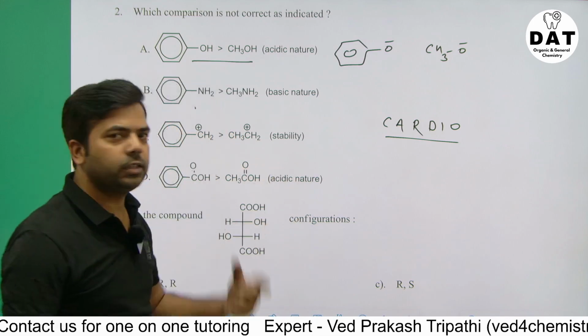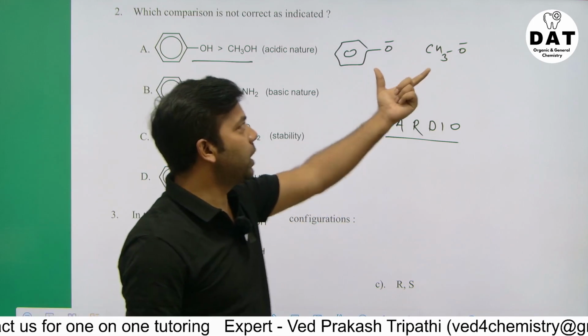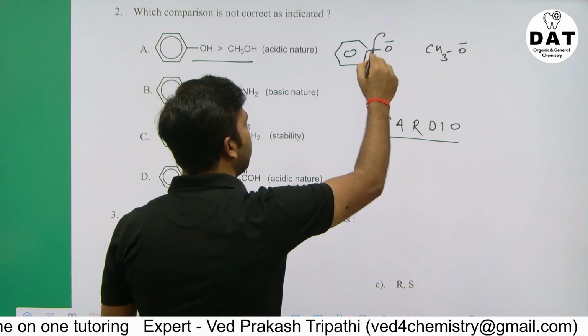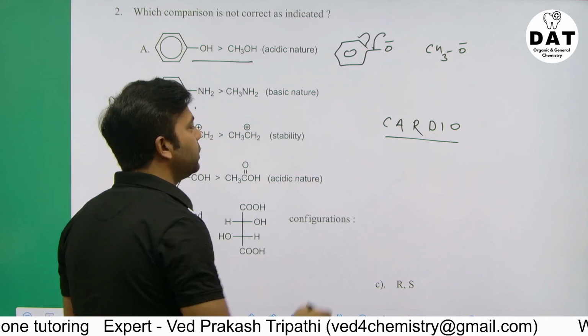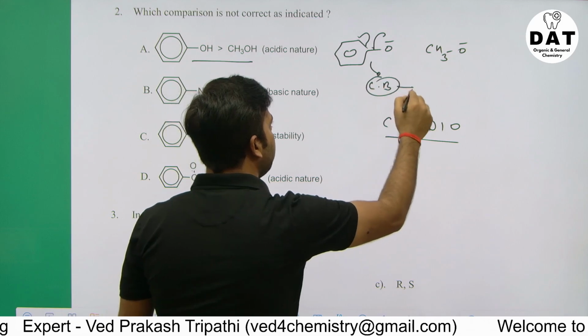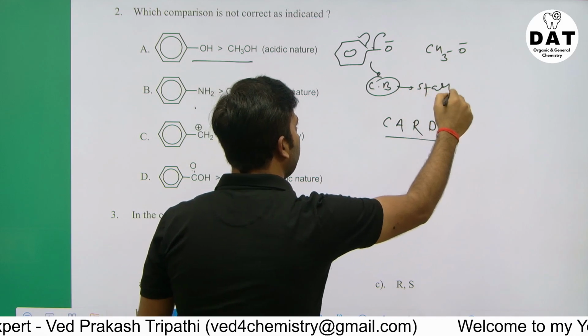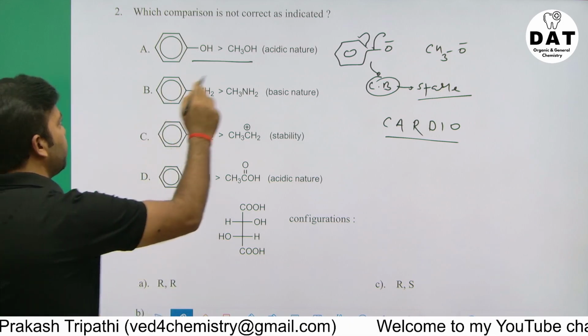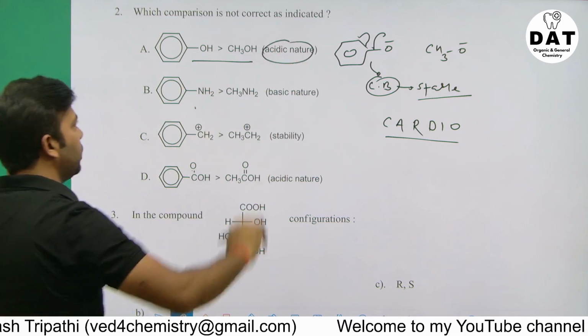This is the resonance effect, because both donors are the same, oxygen and oxygen. Clear? And this oxygen's negative charge is in resonance, which means this conjugate base is a stable one. More stable conjugate base means more acidic. So option A is absolutely correct. This is in the correct order.